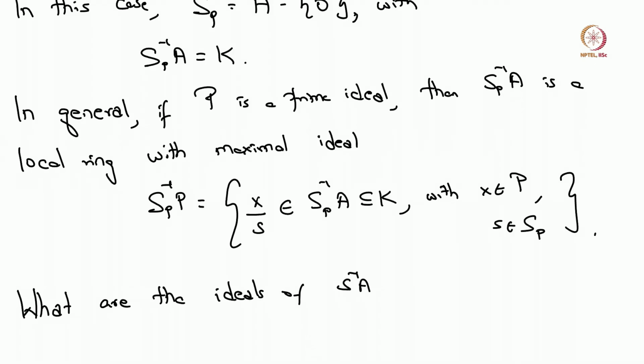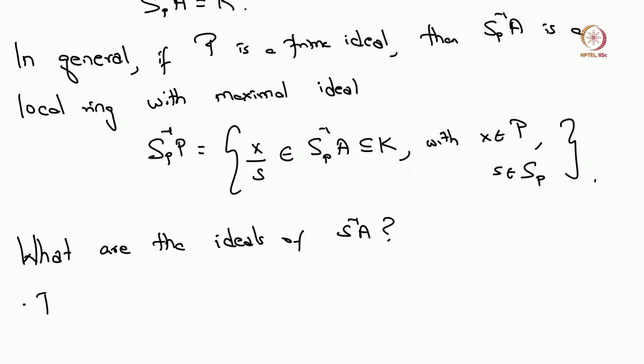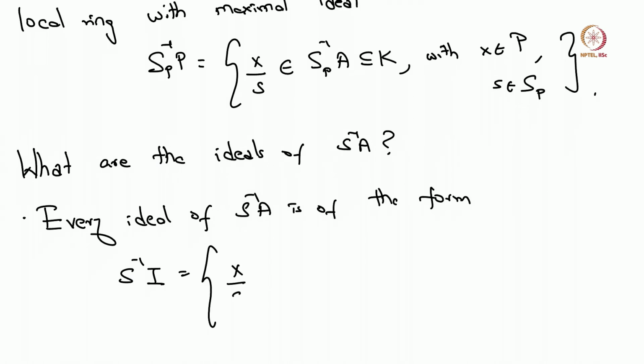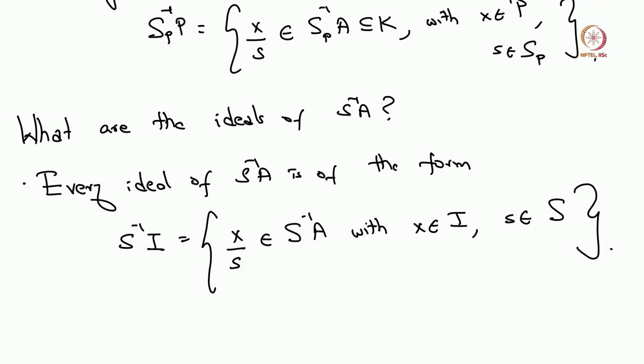of S inverse A? Again, I'm just recalling some facts. So every ideal of the localization is of the form, you try to localize the ideal itself, so it's all expressions, all fractions x over s inside the ring with the numerator belonging to the ideal and the denominator belonging to the multiplicatively closed set.